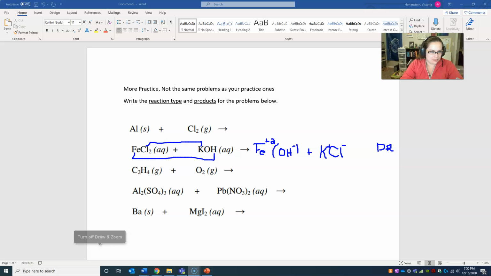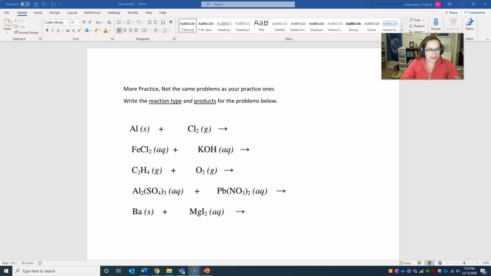We need to make sure that we have our parentheses. And then the 1 from OH would go behind iron. We don't need to write ones. Potassium is +1, chlorine is a -1, so these 2 cancel each other out without any subscripts. So our products are going to be Fe(OH)2 plus KCl.